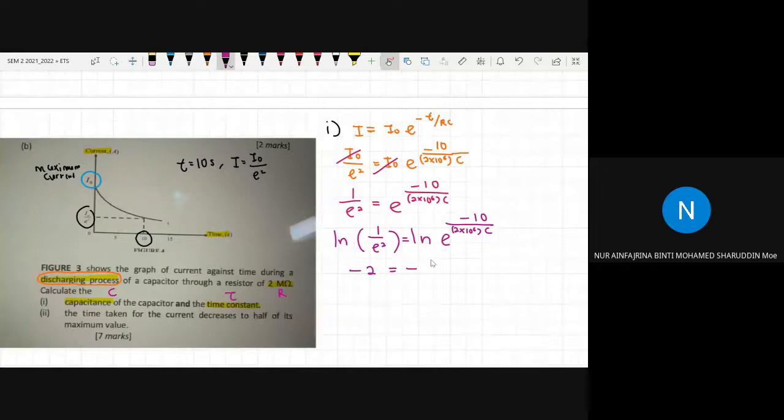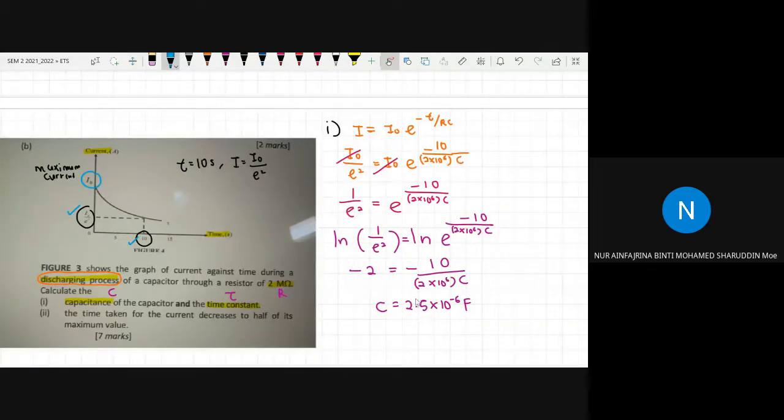So we bring the negative 10 over down. This is all mathematics. You will get your capacitance 2.5 times 10 to the power of negative 6 farad. What is important is that you must be able to read the graph. If you can read the graph here and here, you understand the concept and can just substitute the values.